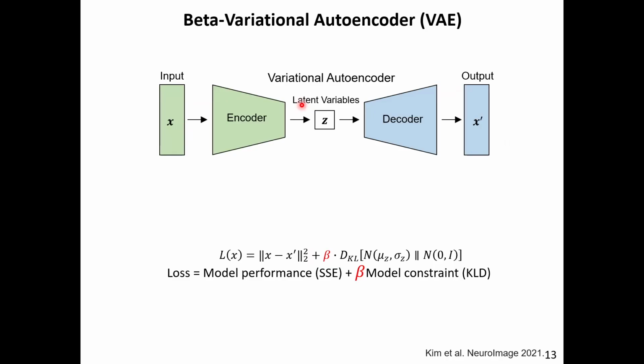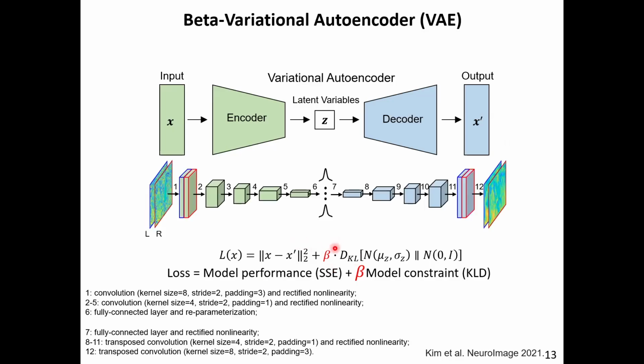One is for model performance, the sum of squared errors, plus beta multiplied by the model constraint, which is reflected by the KL divergence. Basically, we had to adjust these beta values to find the optimal place between model performance and model constraint. And this encoder had 5 convolution layers, and the decoder had 5 transpose convolution layers as well. We had 256 latent variables.